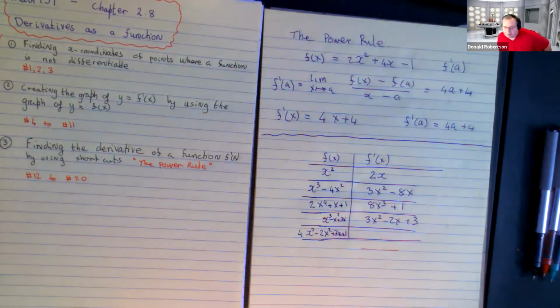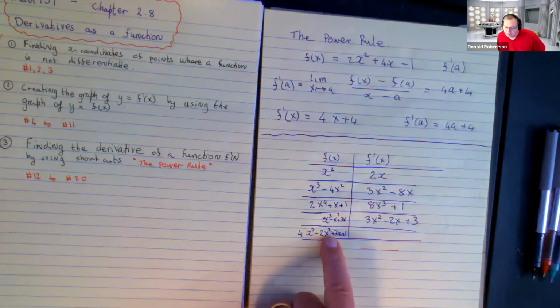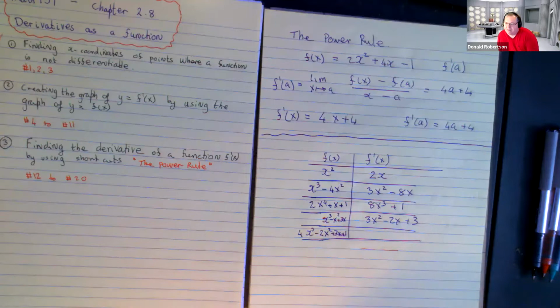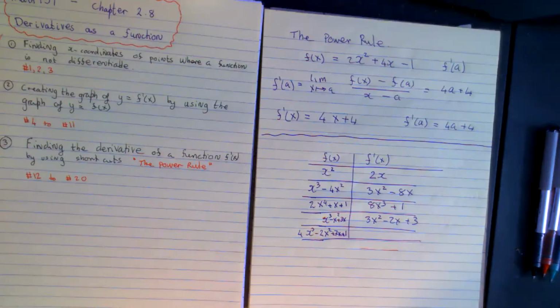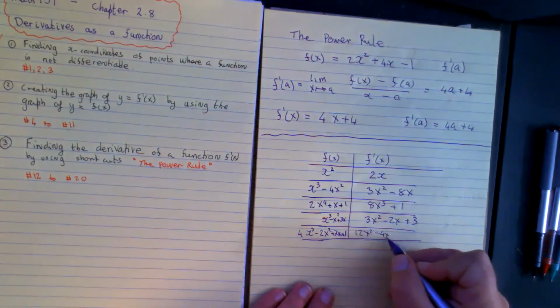If you can see the pattern, you should be able to tell me what the derivative is going to be for this polynomial. Anybody want to have a shot at it? 12x squared minus 4x plus 7.